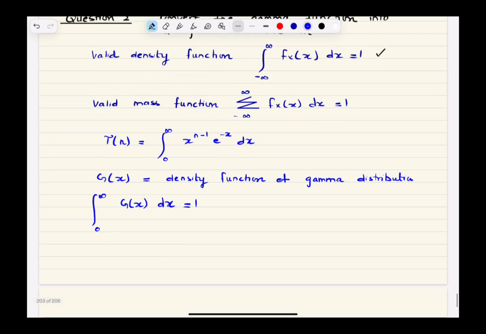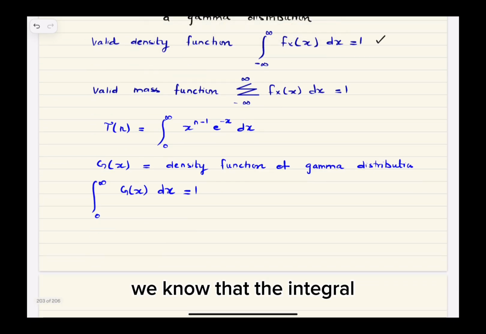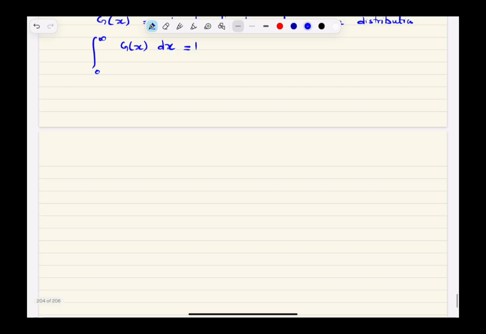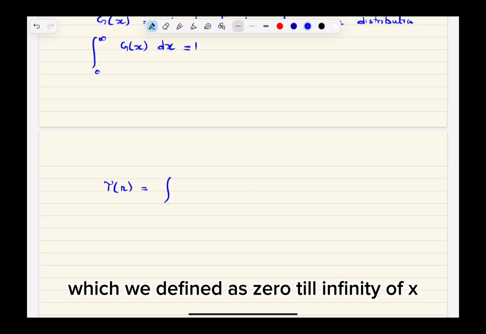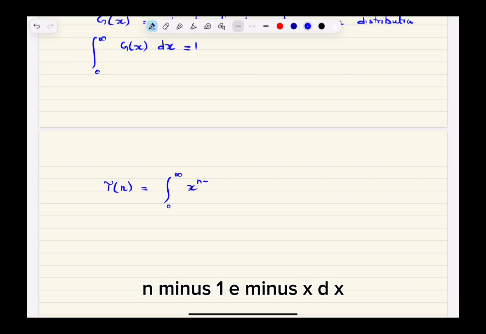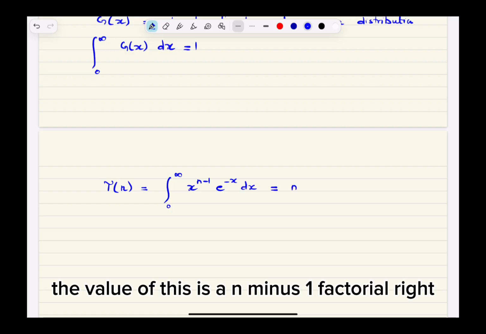That's the only way it's going to be a valid density function. We know that the gamma function at n, which we defined as the integral from 0 to infinity of x^(n-1) e^(-x) dx, has the value (n-1) factorial.